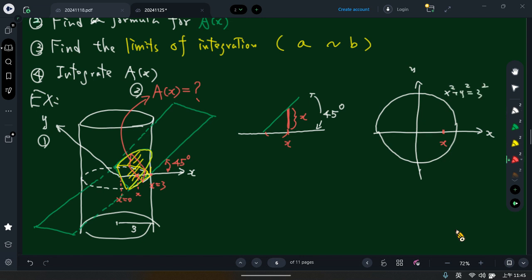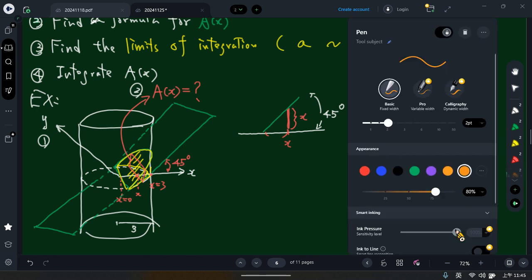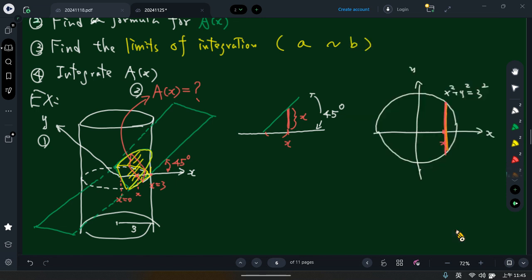When you just cut it, you can see, or maybe I can use a different color, orange. So this part will be 2 times square root of 9 minus s squared.